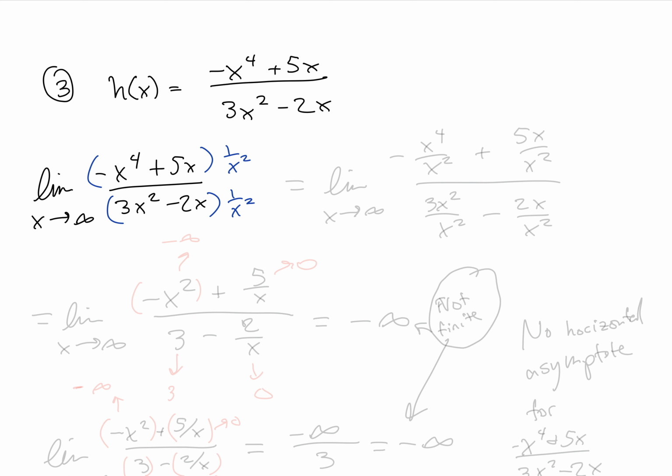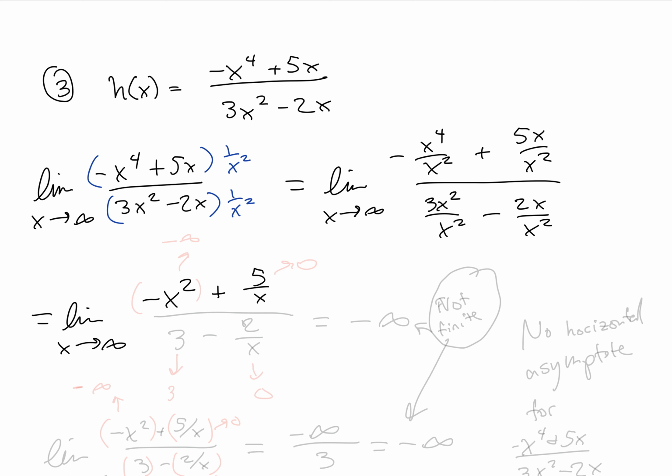And so we've got the limit as x goes towards infinity of negative x to the 4th over x squared plus 5x over x squared divided by 3x squared over x squared minus 2x over x squared. And so that's the limit as x goes towards infinity of negative x squared is what the first term reduces to, plus 5 over x divided by 3 minus 2 over x.